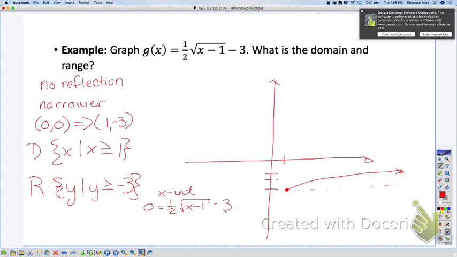Add 3 to both sides and multiply by 2. So that's 6 equals the square root of x minus 1. Square both sides. So 36 equals x minus 1. So x equals 37. So my x-intercept is 37, 0.